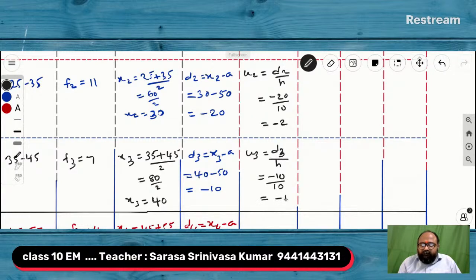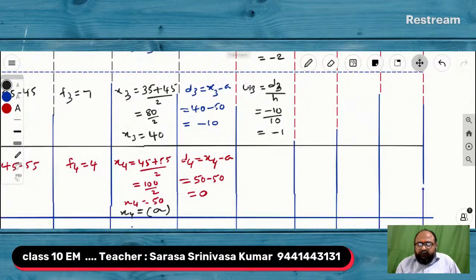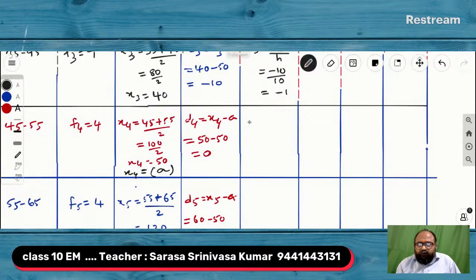This is equal to minus 1. So we calculated U3. Next we calculate U4. U4 equal to D4 by H. This is equal to 0 by 10, that equal to 0.